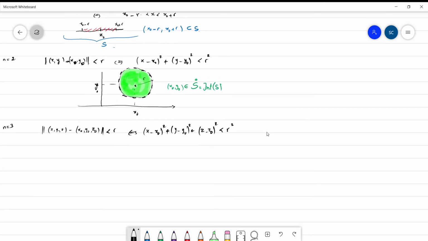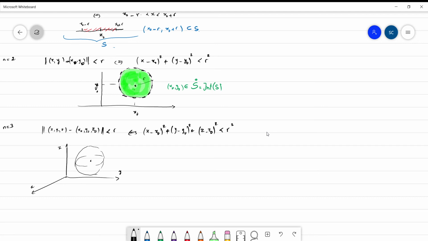Suppose I'm in space, so I will have a point. To be an interior point in R3, I will need to be sure that I have a whole ball like that included in my set.